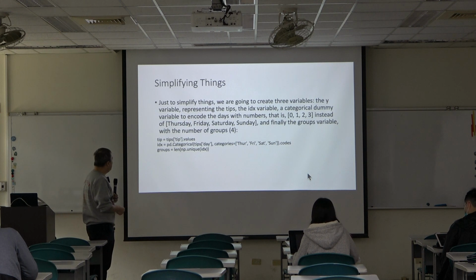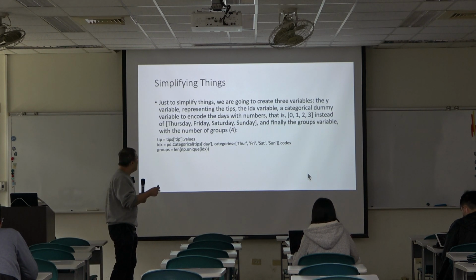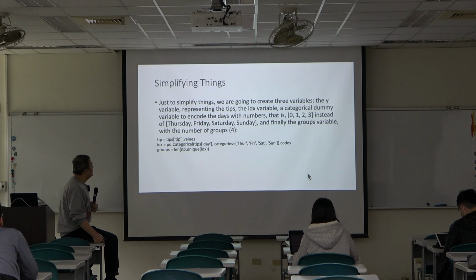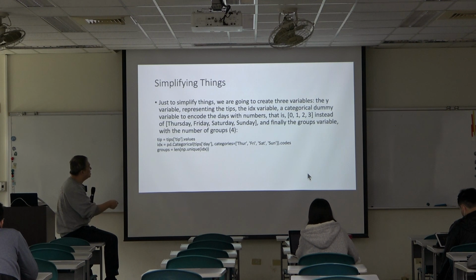Now we can simplify things. We can create 3 variables. The y variable represents the tips, and the idx represents the categorical variable, which encodes the days with numbers. For example, this idx is 0, 1, 2, 3, which represent Thursday, Friday, Saturday, and Sunday, respectively.